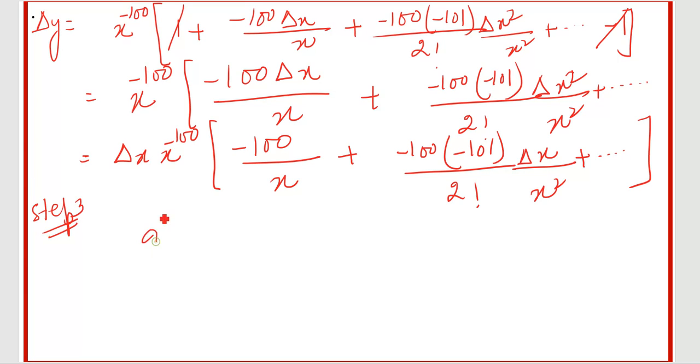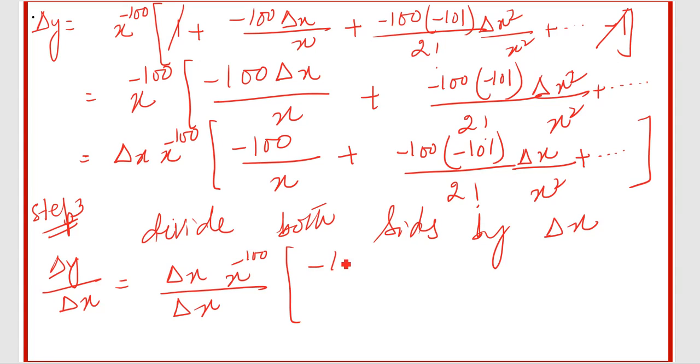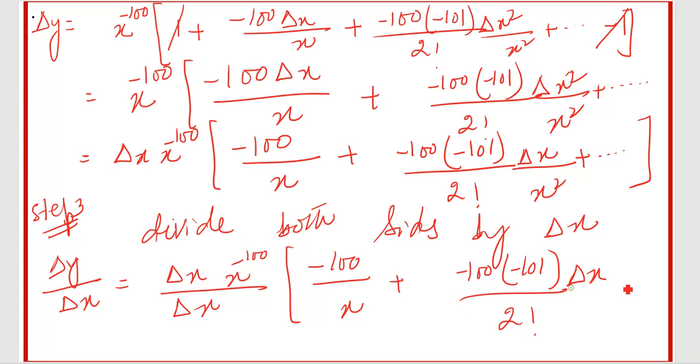In step number 3 you have to divide both sides by delta x. So it would be delta y over delta x, which is equal to delta x over delta x, x raised to power minus 100. Here we have minus 100 over x plus minus 100 minus 101 divided by 2 factorial delta x over x square plus so on.